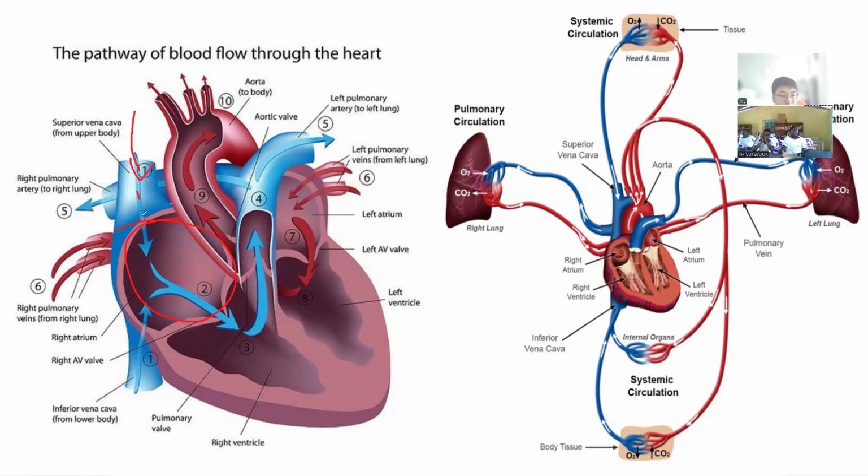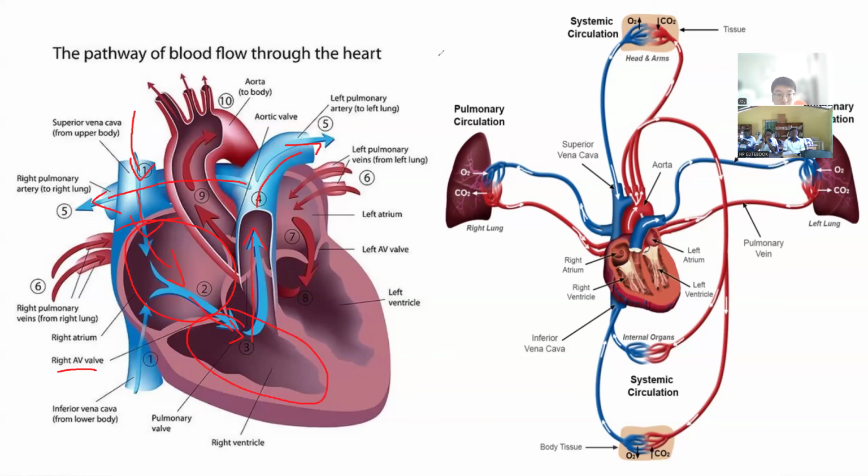So blood from our body goes into the right atrium, and then it goes through the right AV valve to this right ventricle. From the right ventricle, it goes into the pulmonary arteries, leaving the heart to the lungs.